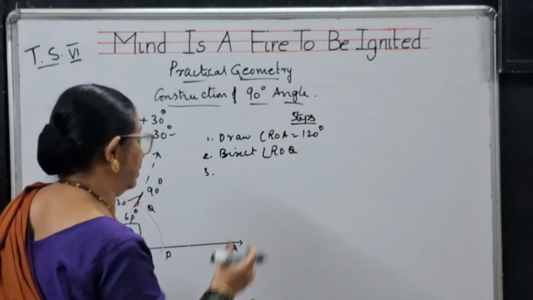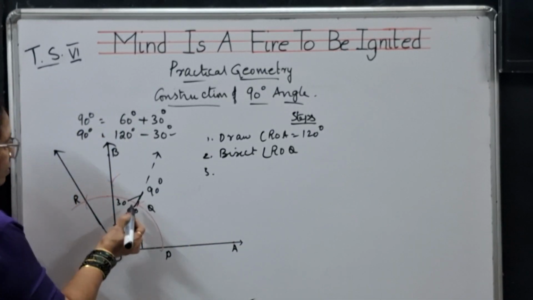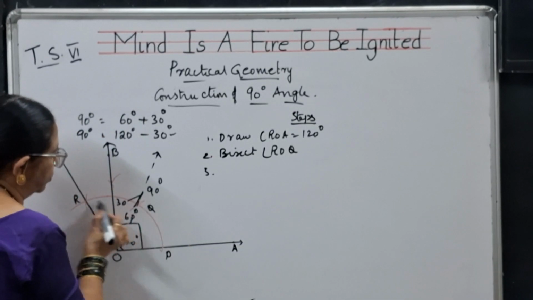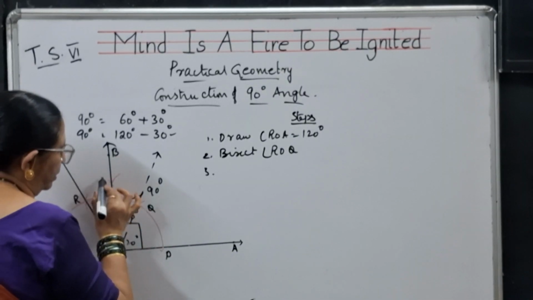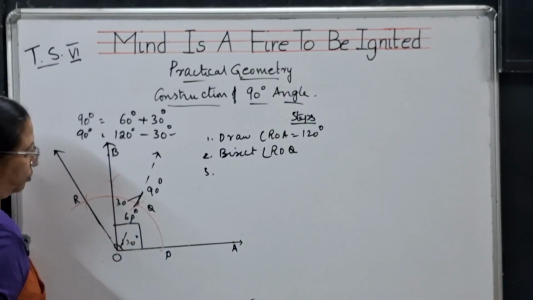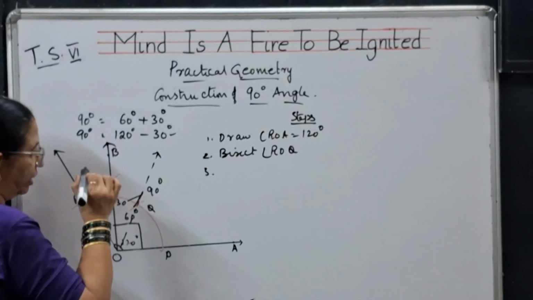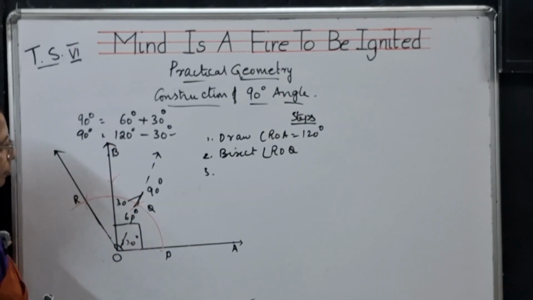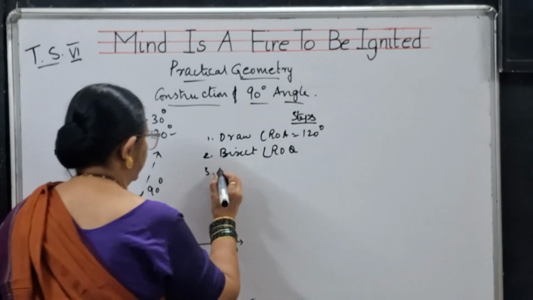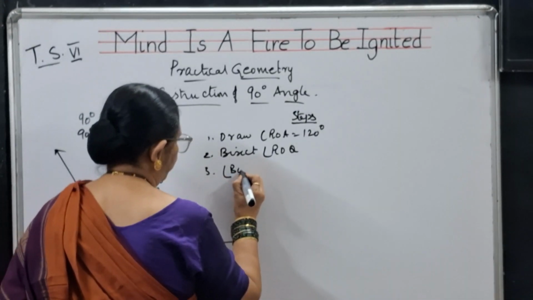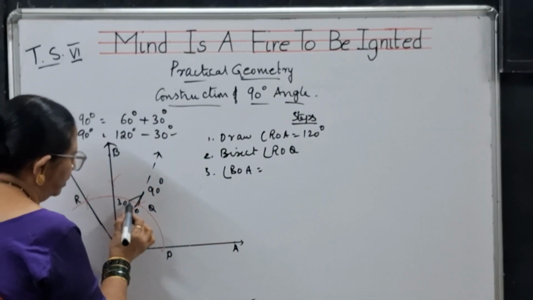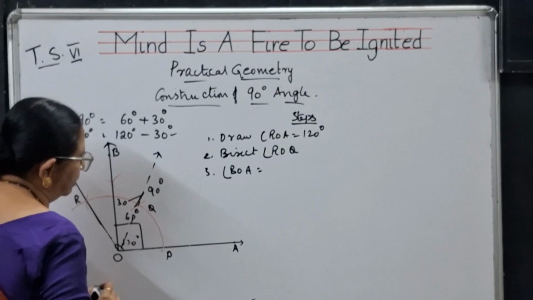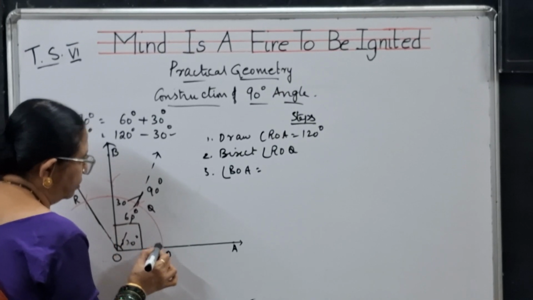Already we have done that steps earlier. Q as center, more than half of QR as radius, an arc, and with the same radius R as center, another arc. Those two will meet at a point. If you draw a line, that is the bisector. So angle BOA is equal to, from here to here it is 30 degrees, from here to here 60.